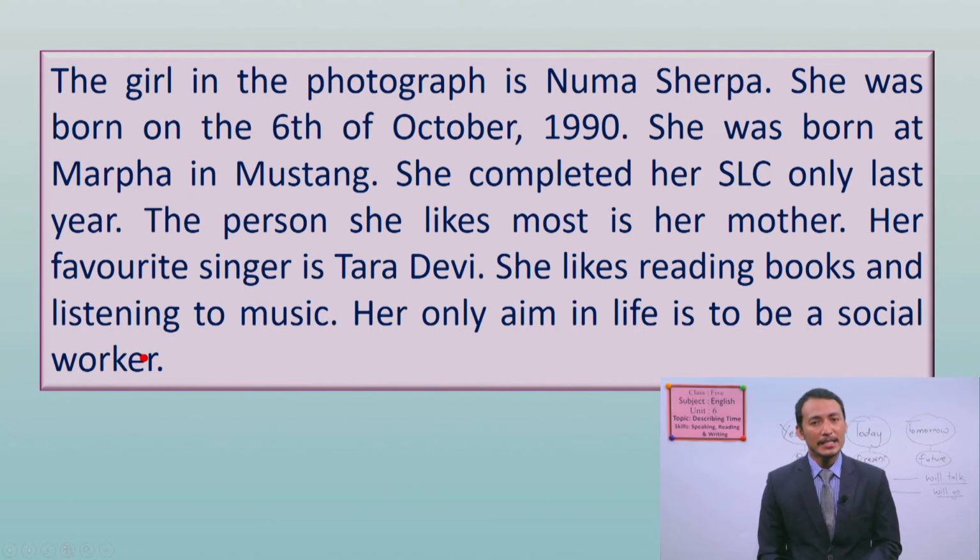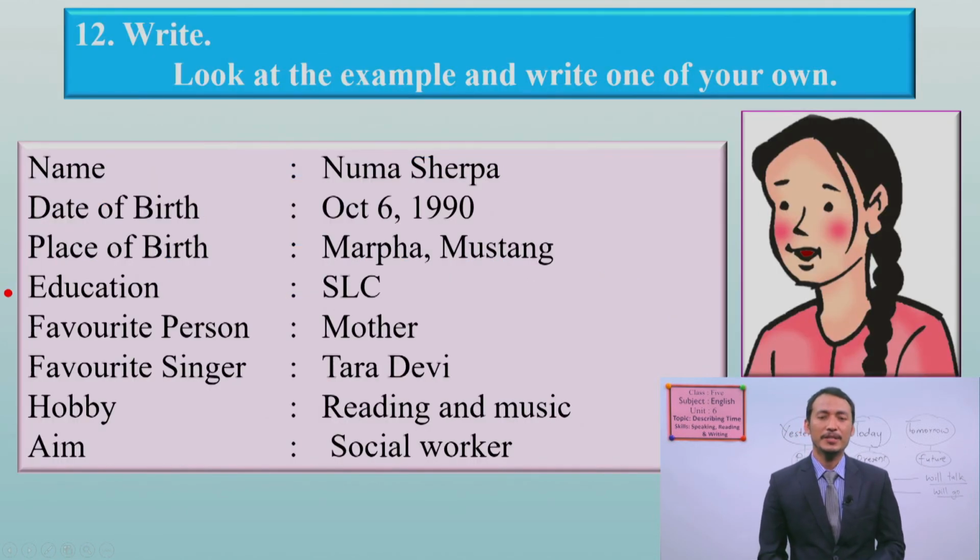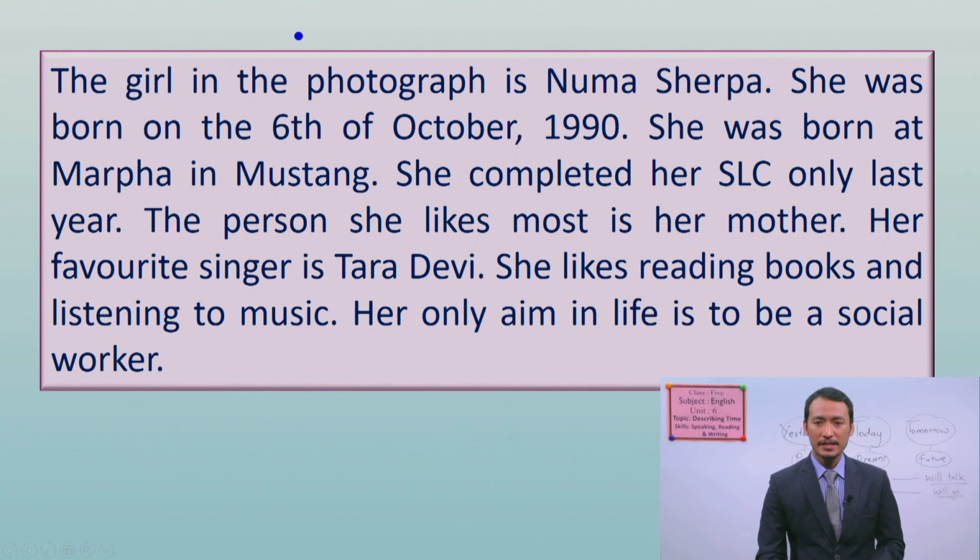All right, did you get all the information here, which we saw here? All the information is put here. You see different verbs used here, like is, was, completed, likes, is, and likes.